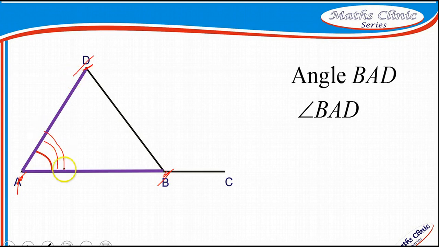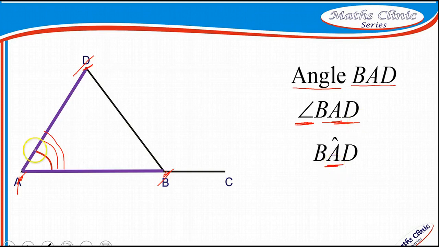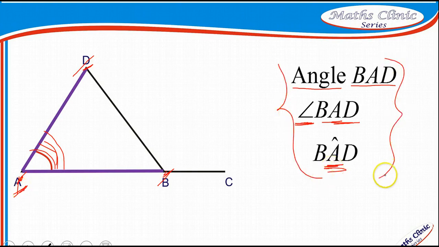So that is where we have the angle, right? We can just write angle and write BAD, or we can use this symbol and write BAD. We can also write BAD and put the cap on top of the middle letter to show where the angle is. And because the angle is at A, the cap will be on A. So these are the three ways we can write angles.